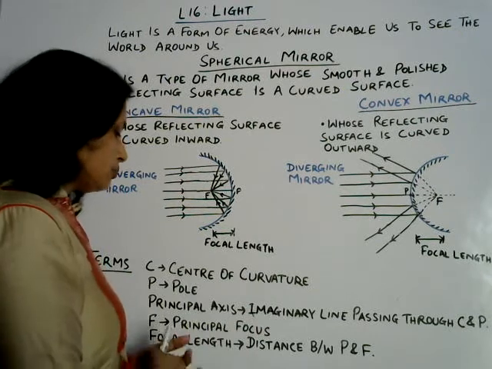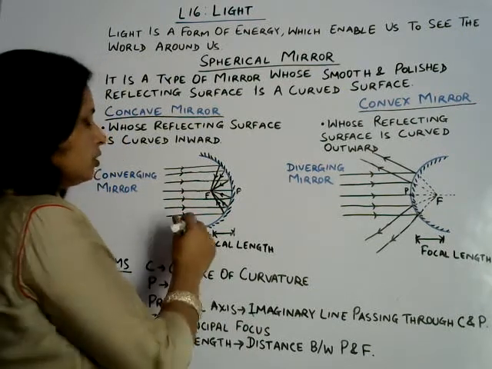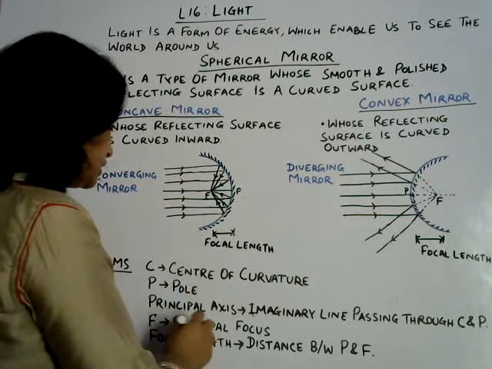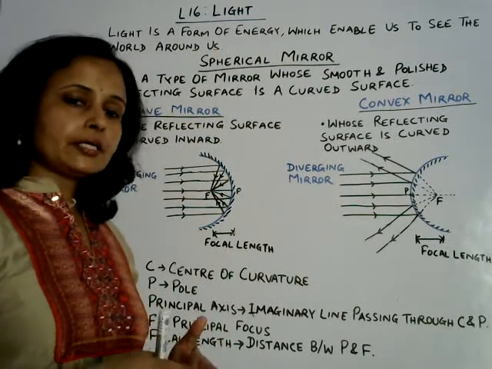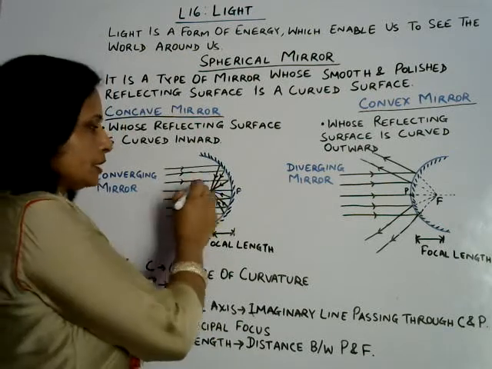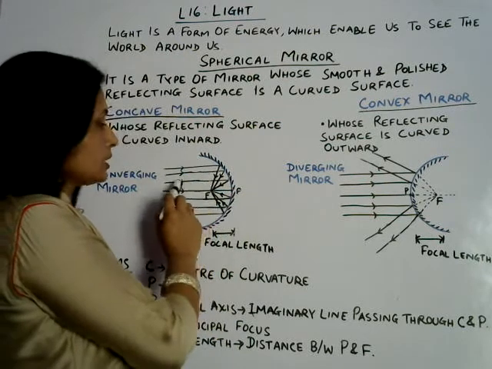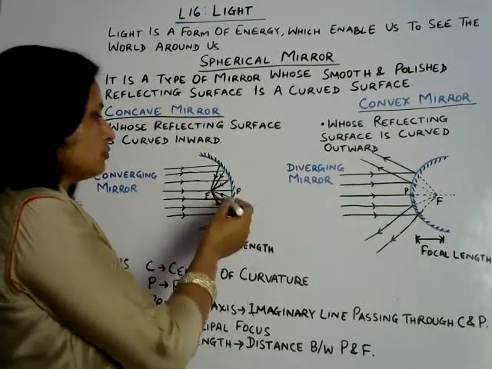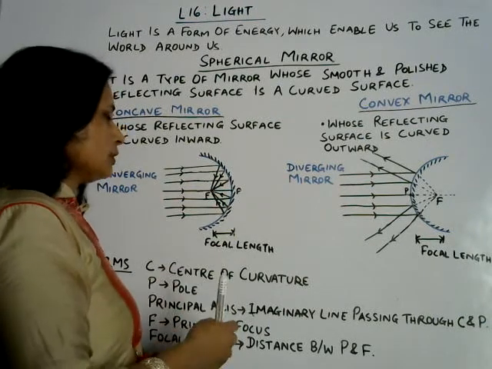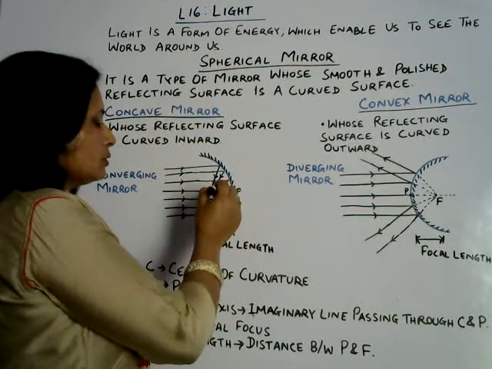Principal focus is the point where all the rays meet, but before understanding principal focus we have to understand how light rays are reflected. The light rays which fall on the mirror parallel to the principal axis get reflected in a pattern.